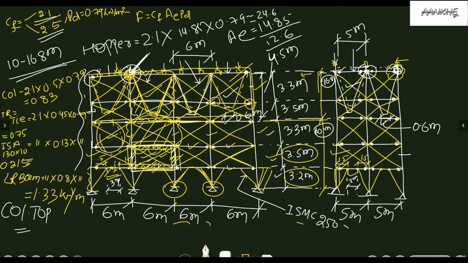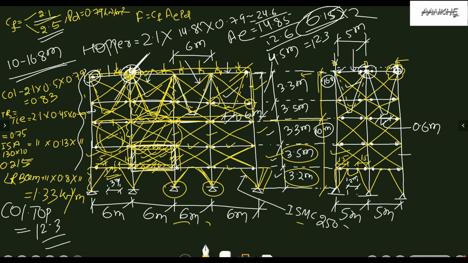If you see the side view from here, that means this 24.6 will be divided to 4 columns. Okay, that means approximately 6.15 in each column. So when this column shares 2 hoppers, that means this column will be subjected to 6.15 into 2, that means 12.3.